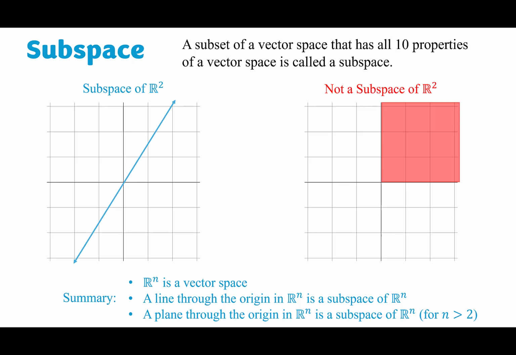Any vectors that you choose in the plane, add them together, they'll stay in the plane. Any scalar multiple of a vector in the plane will stay in the plane. If you pick any vector in that plane that goes through the origin, there'll exist a negative of that vector, such that when you add them together, you get the zero vector. So those are 3 of the properties, and you can think about all the other 7 properties for a plane going through the origin, and show that it is a subspace of Rn.